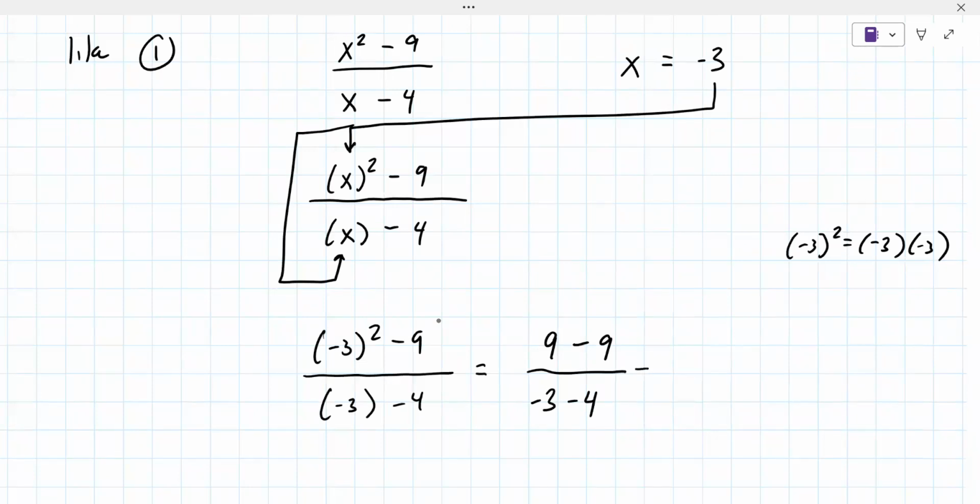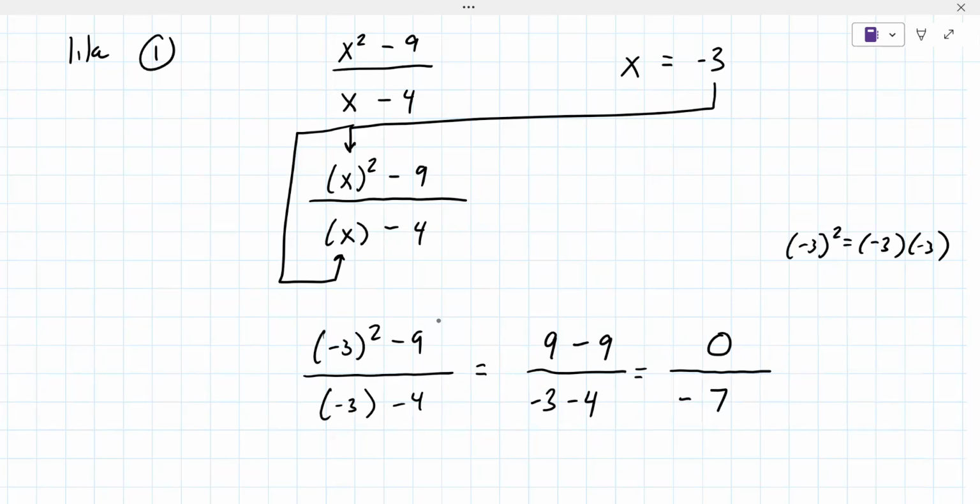On the top you have 0. What do you have on the bottom? They're both negative, so the answer is negative, and then you add the numbers without the sign, so -7.